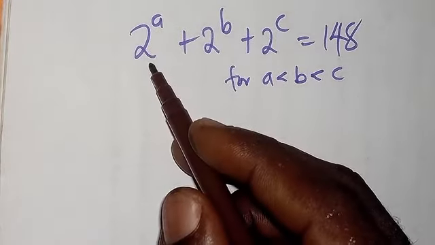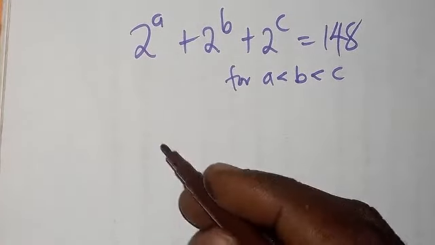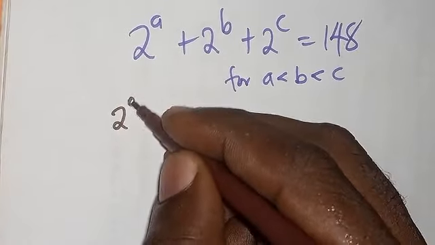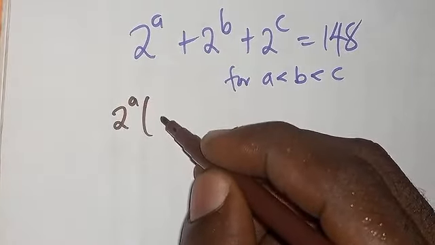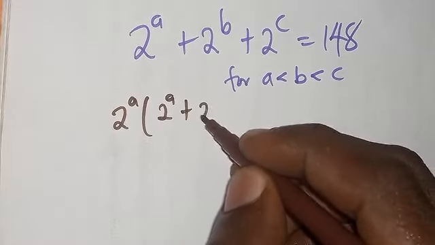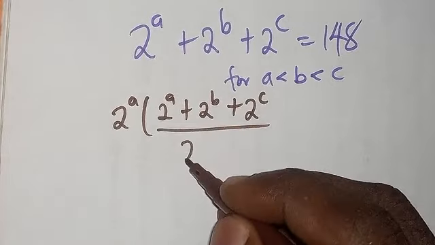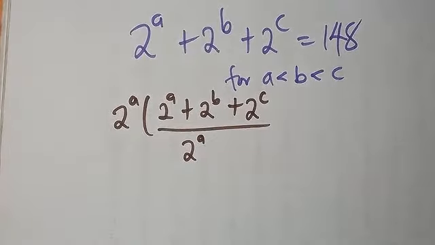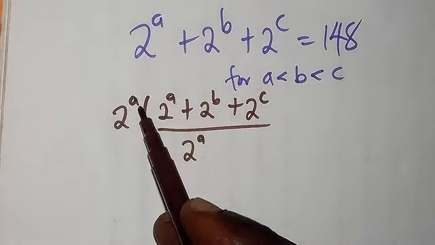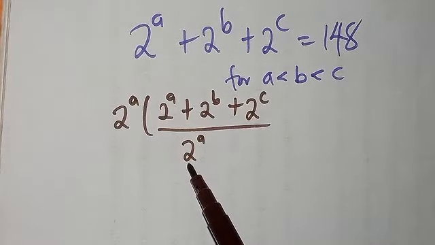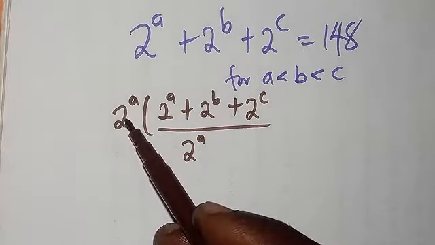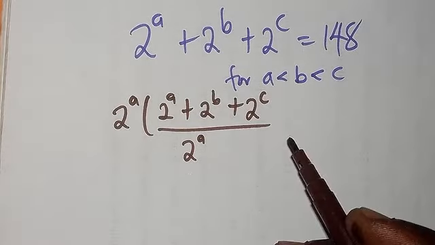So now from this equation, I can rewrite this equation as 2 to the power a into bracket 2 to the power a plus 2 to the power b plus 2 to the power c, then over 2 to the power a. What I did is that you can see that 2 to the power a divided by 2 to the power a, we cancel this 2 to the power a.